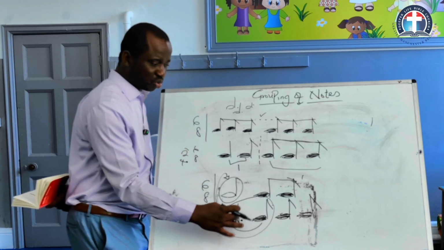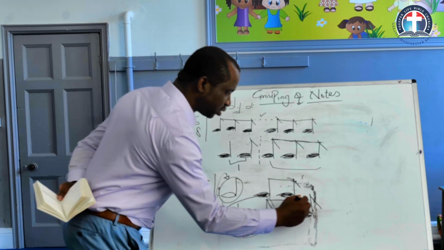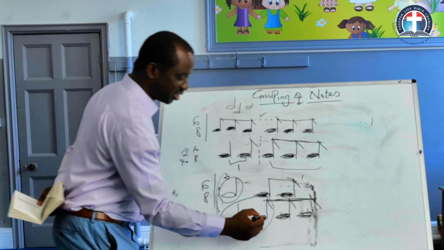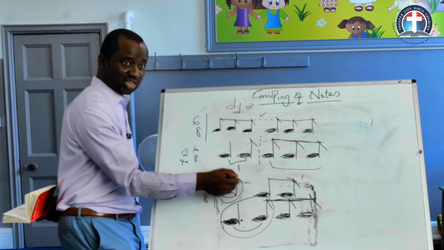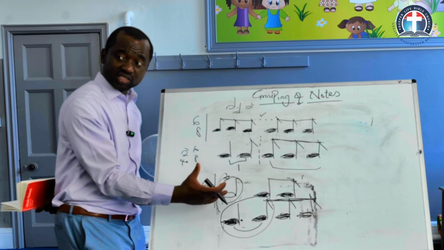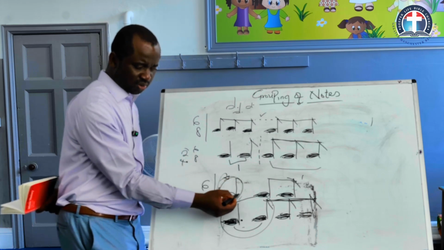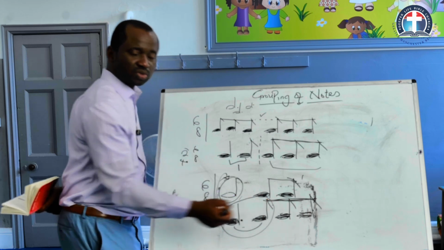You see, in my grouping now, I can group these together. So I group these three together. See there are three now, but this one is connected to this to show that this is the original note. If they ask you to make this a dotted crochet, you have to find a way to bring something out.